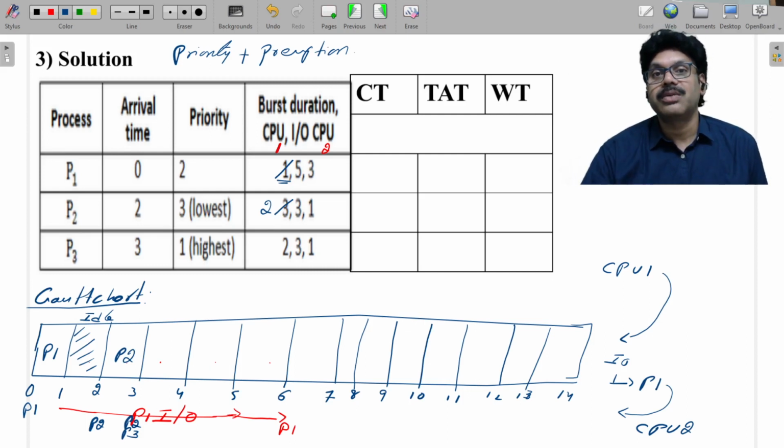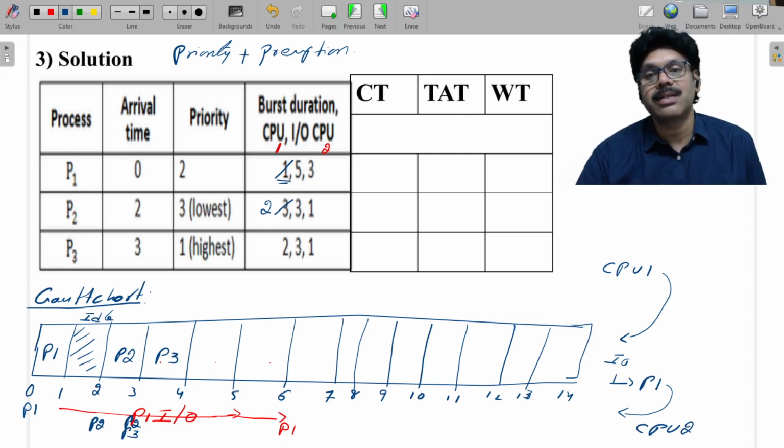Now you need to check priority. Which process has the highest priority? P3 has the highest priority. So P3 is given how many units? You can give CPU 1 all the units, because it has the highest priority over anybody else. Therefore, you need not cut one by one. Simply you can use 2. So P3 uses 2 slots. From there, P3 goes for IO.